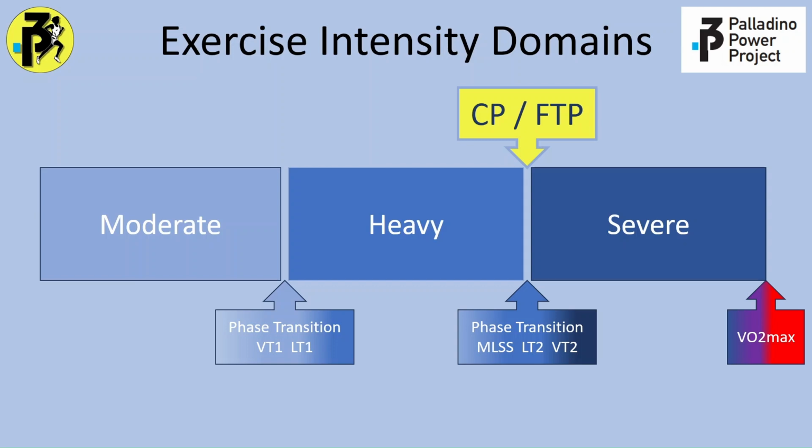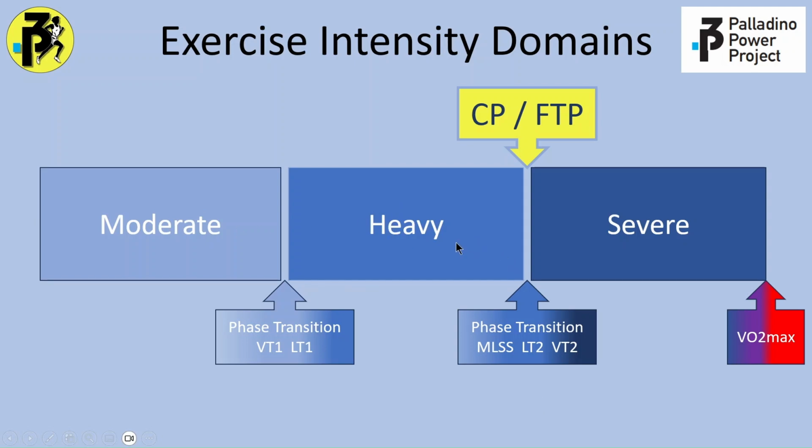And then, of course, there's a phase transition down between moderate, which is typically more aerobic exercise, and heavy: VT1 or gas exchange point, and LT1, lactate threshold 1, or quote unquote aerobic threshold. Again, it's not a threshold, and it's not that this is anaerobic here and this is aerobic here.